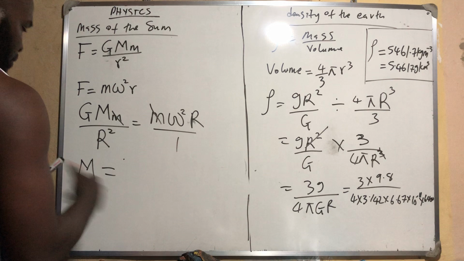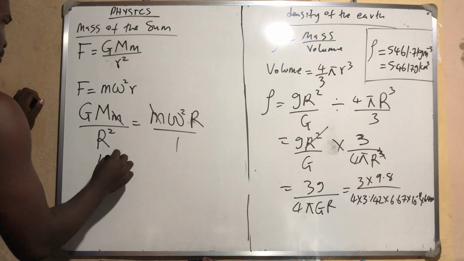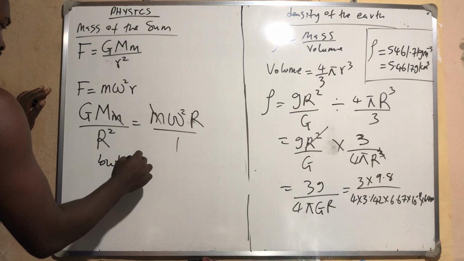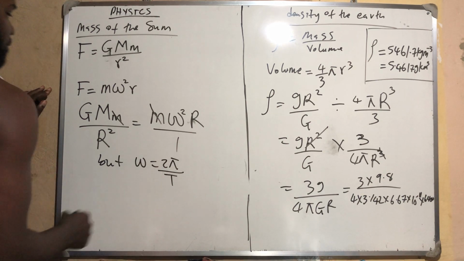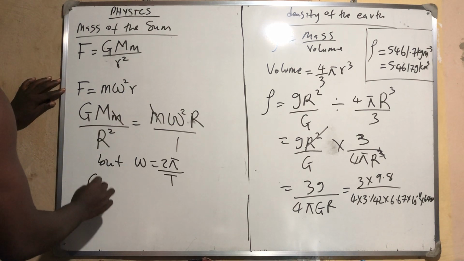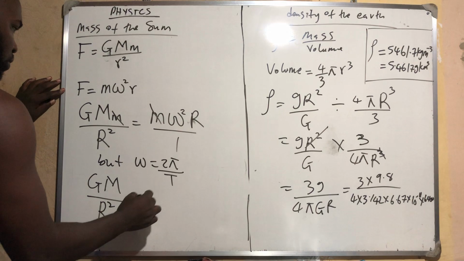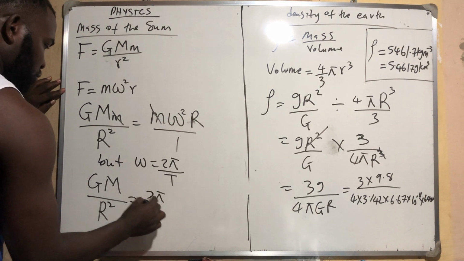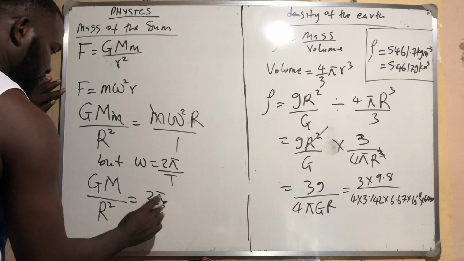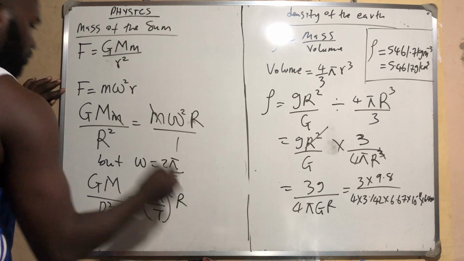So if you put it here, we have G capital M all over R squared is equal to 2 pi over period, all squared, times R.